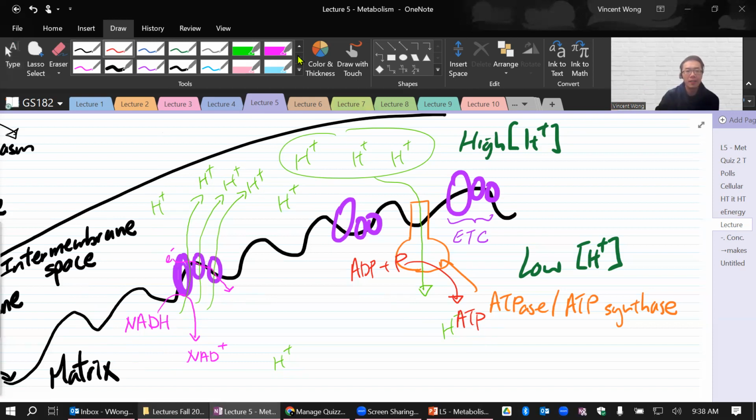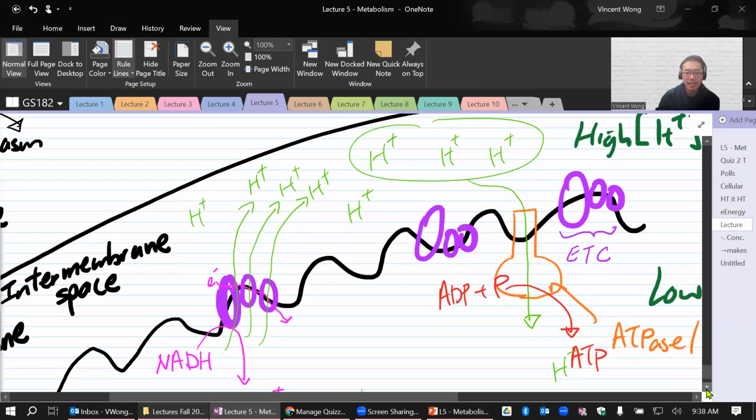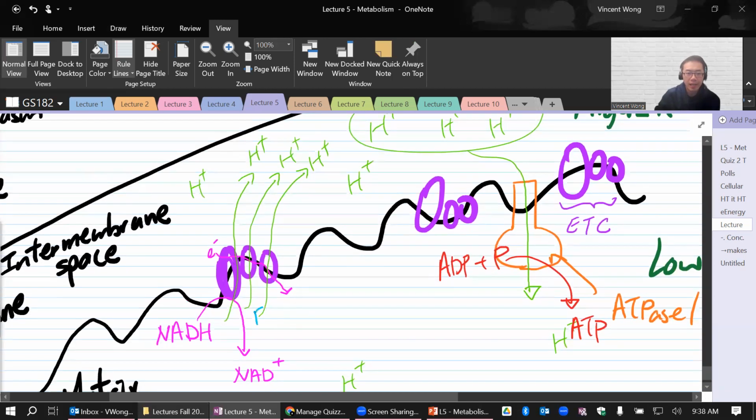Now, what about FADH2? FADH2 has less energy. Pay attention to what I have to say next. FADH2 has less energy, so when it drops off the electron, it's not going to drop it off at the first protein. It's going to drop it off later on, like on the second one.